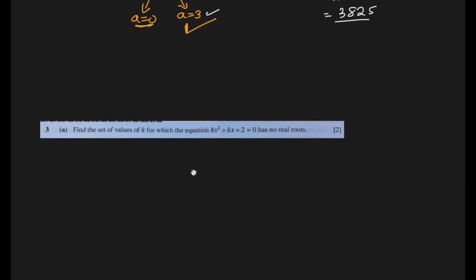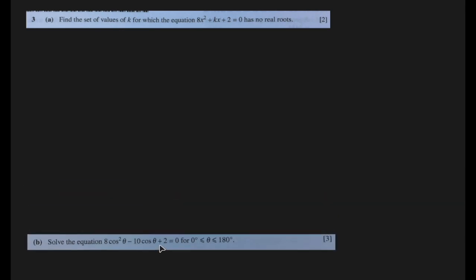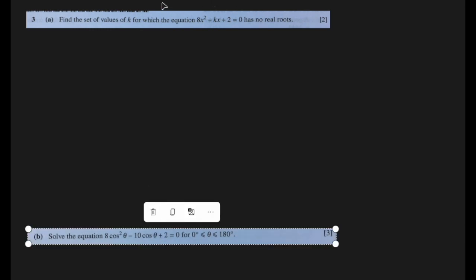Question number 3. Find the set of values of k for which this has no real roots. No real roots means the discriminant b squared minus 4ac has to be less than 0, right? And that's what we will do.